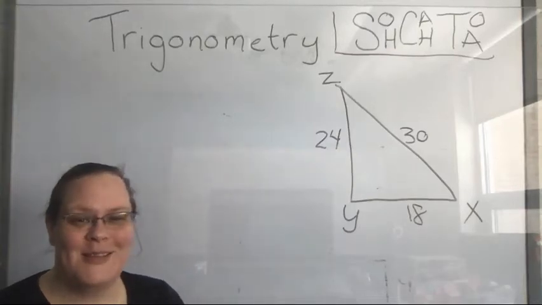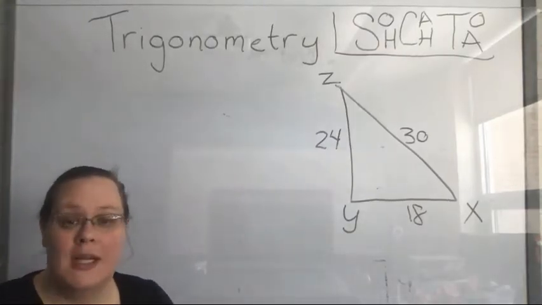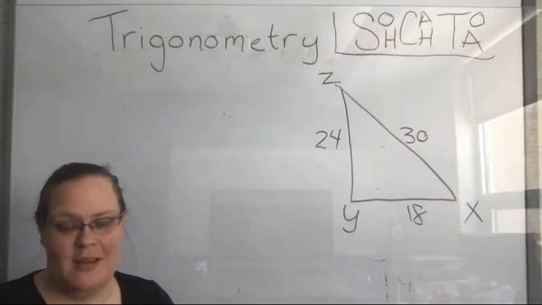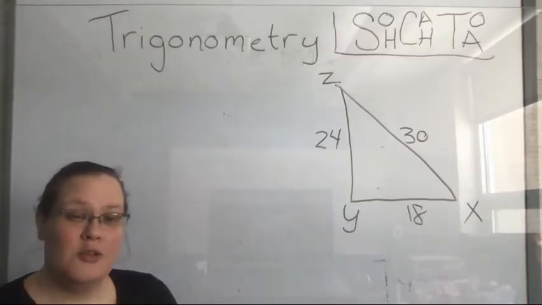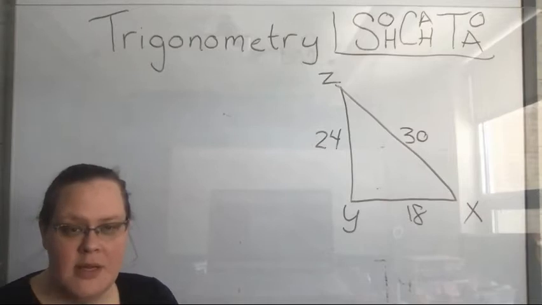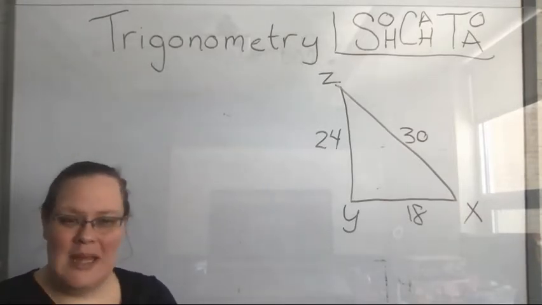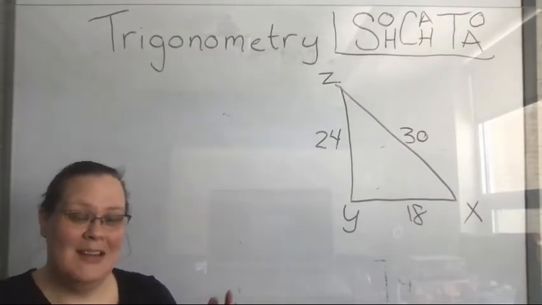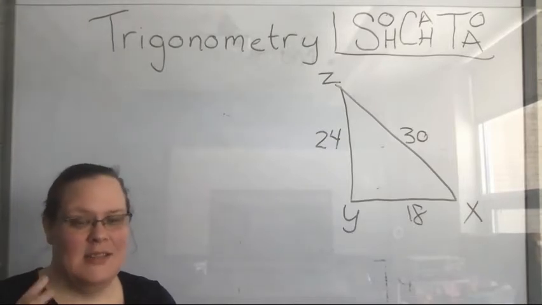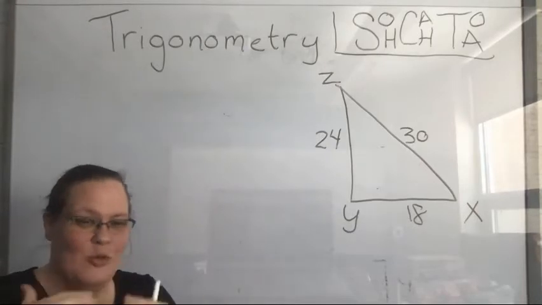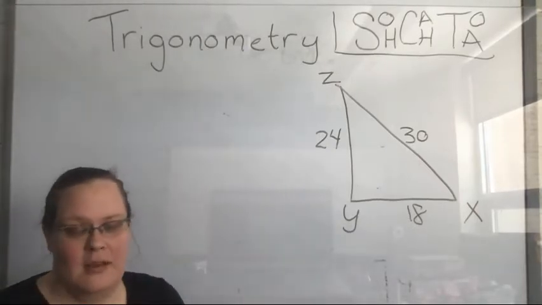So today we're going to start looking at trigonometry and specifically starting to look at what are called trigonometric ratios. This is the way that we look at how the angles and the sides in triangles make certain ratios within a triangle.